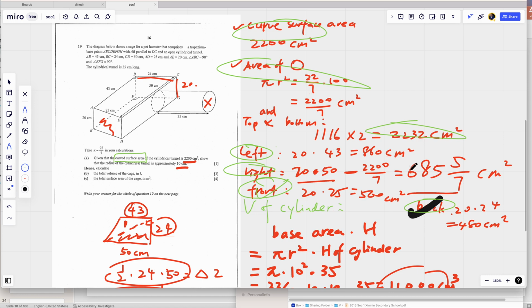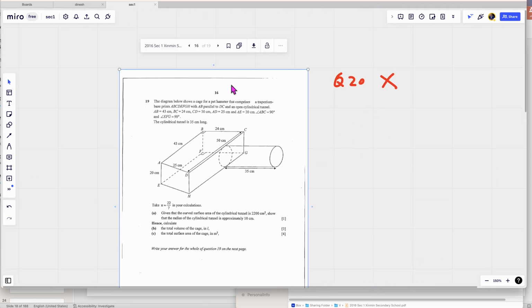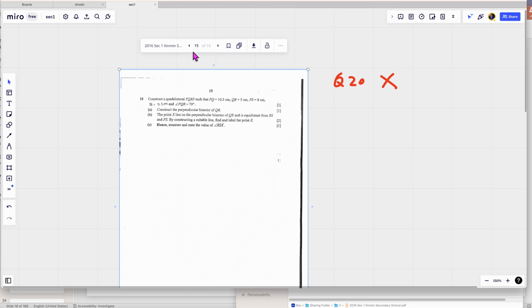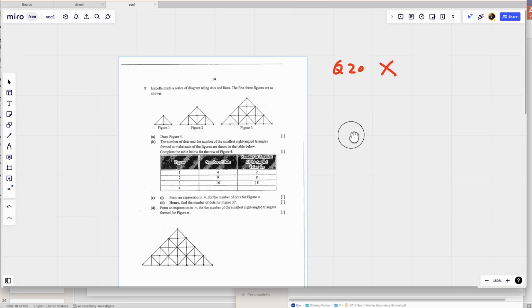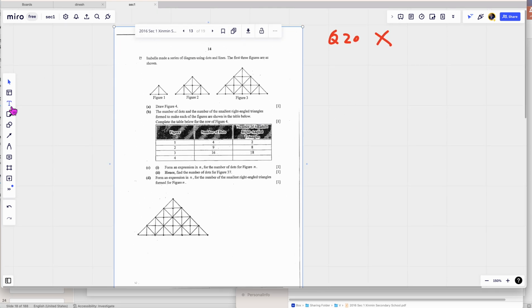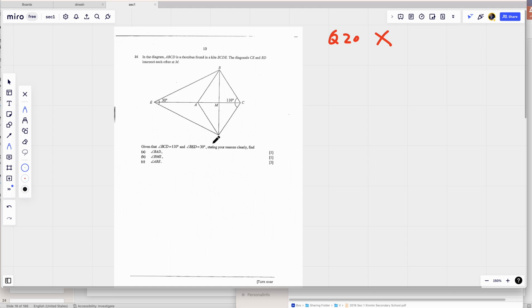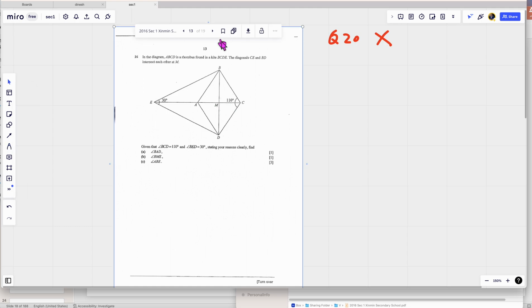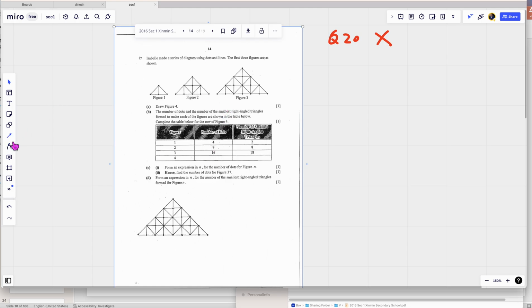Number pattern. So this number pattern is quite interesting. Over here, I think the number of dots is very easy.